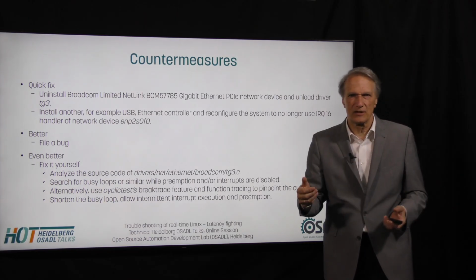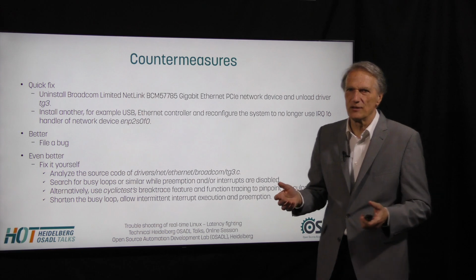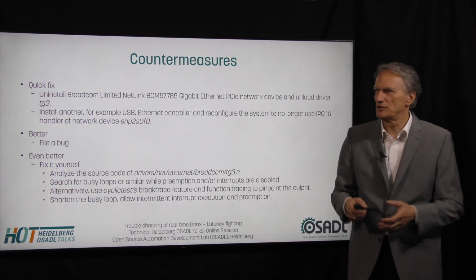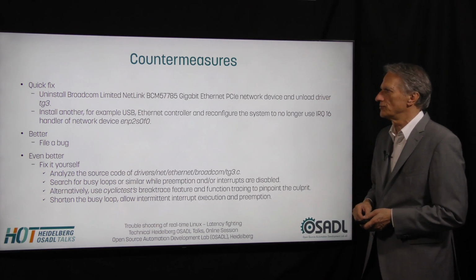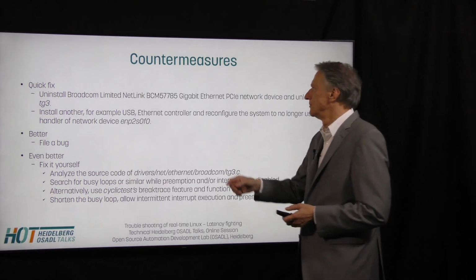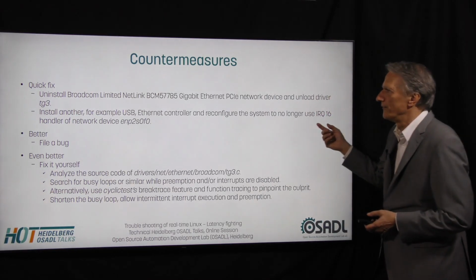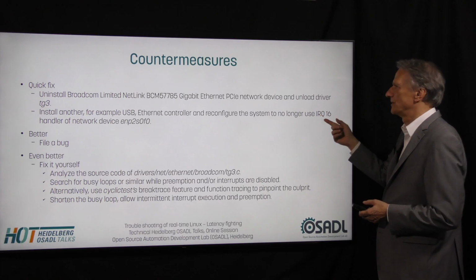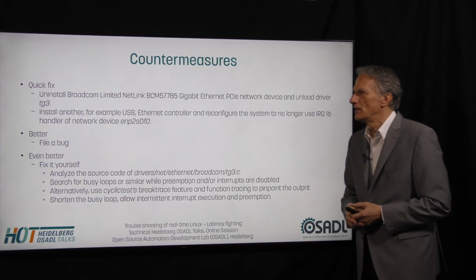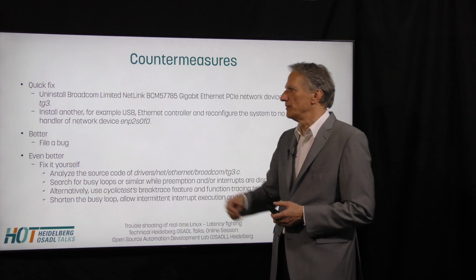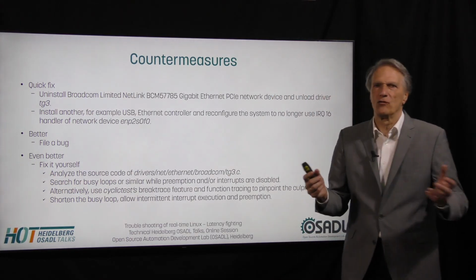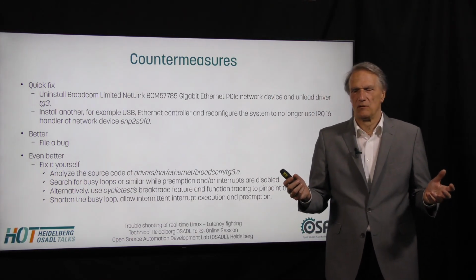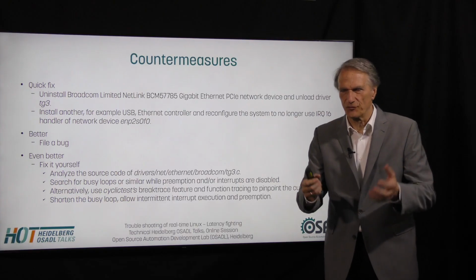And just for testing, let's replace it by a USB network controller, so that interrupt number 16 is no longer used for this, and everything works well. Hopefully. We will test, of course.